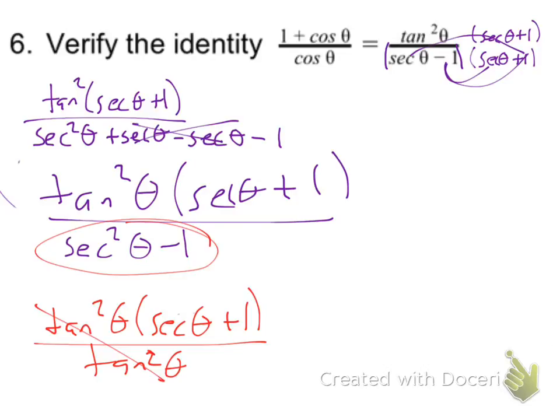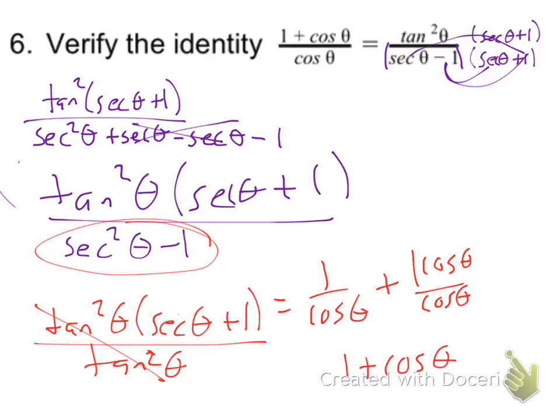Oh, so this actually becomes 1 over cosine theta plus 1, which means I can get a common denominator, cosine theta over cosine theta. And when I put those together, I get 1 plus cosine theta over cosine theta. Check. We just got the other side. We're happy.